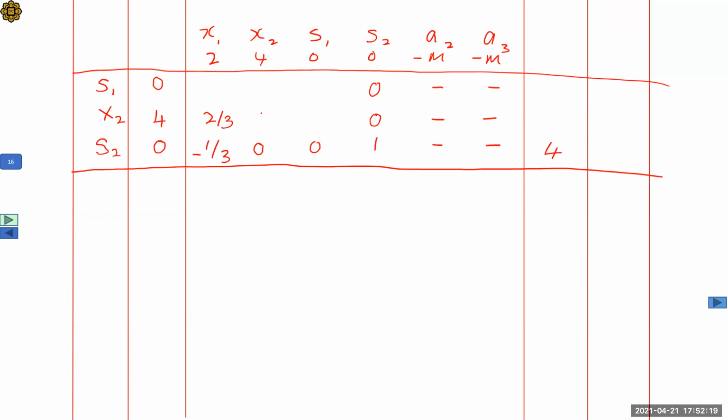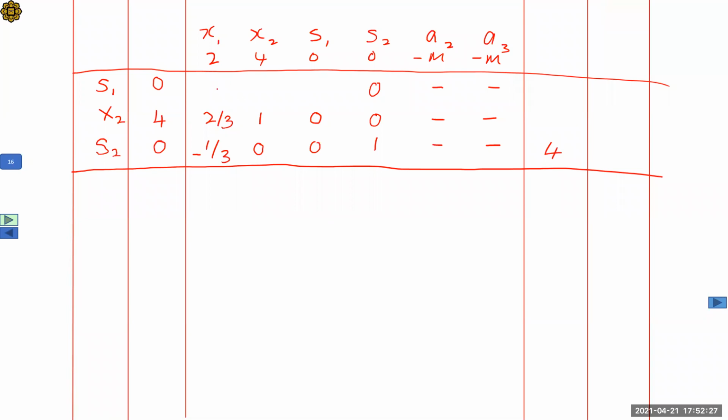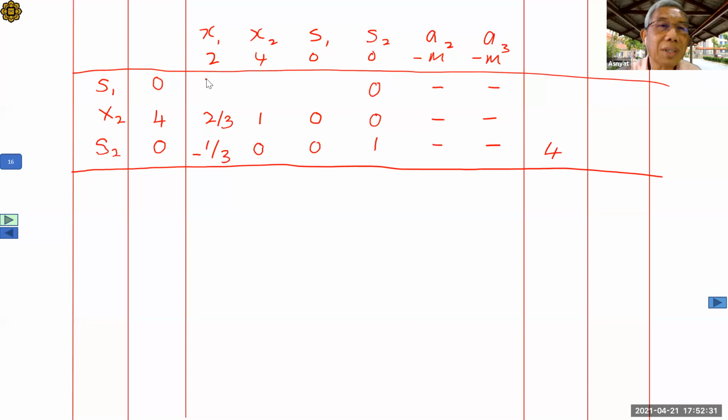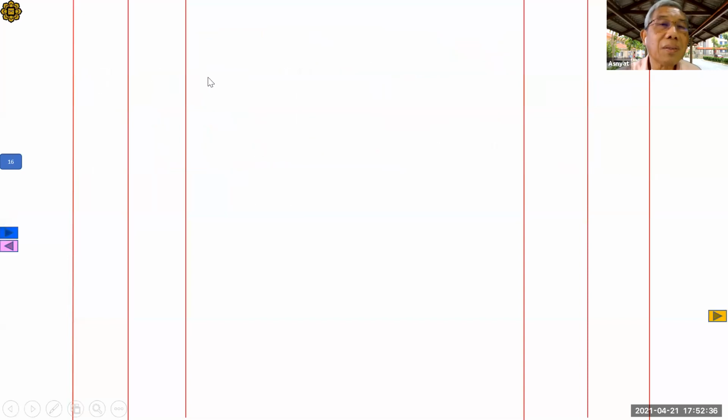Okay. You agree with sister? Yeah. So 1 here, 0. Anybody get this number? Two over 3.